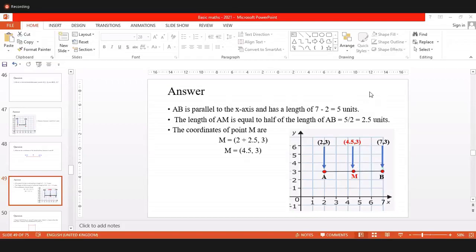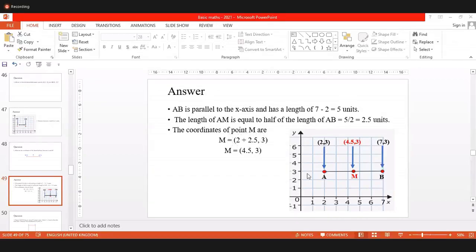Then of course it is very important. You see, this point is 2. So just to find out this, we use the concept of the number line. It is moving to this side. So we have got 2.5 units. Just to find out this location, we have to add this x value to this previous x value. So we are adding 2 plus 2.5.